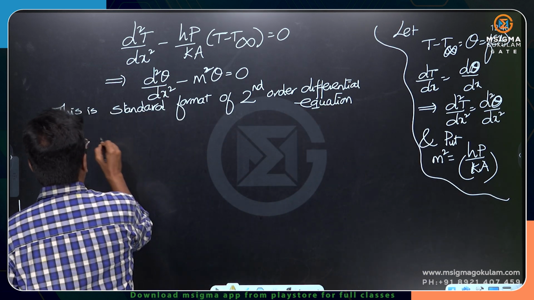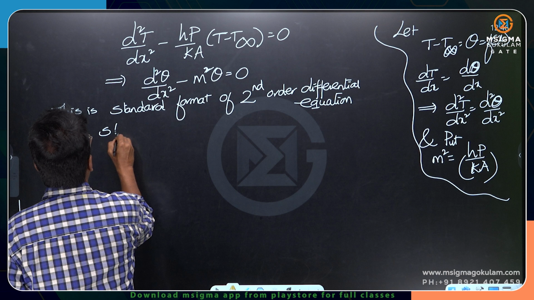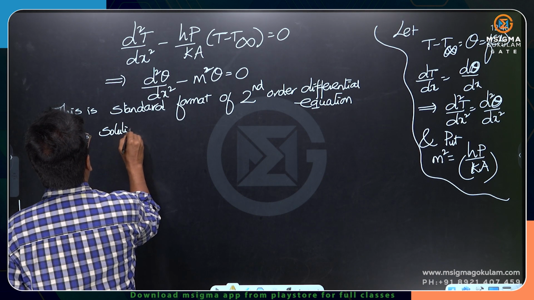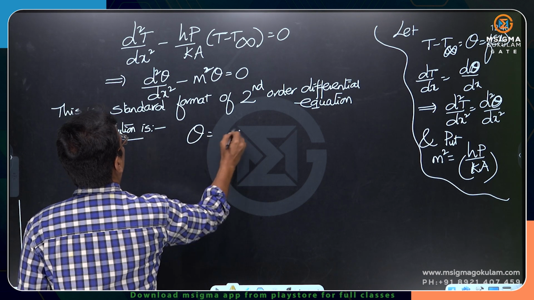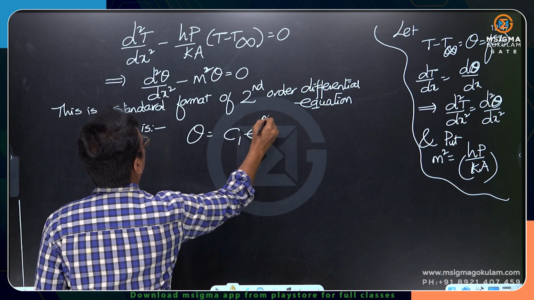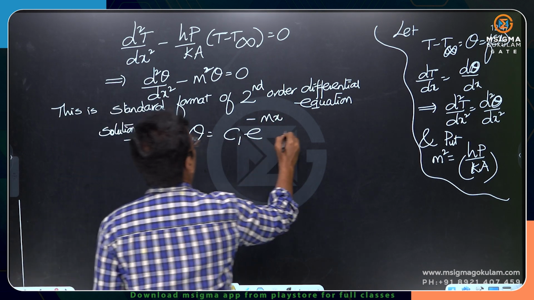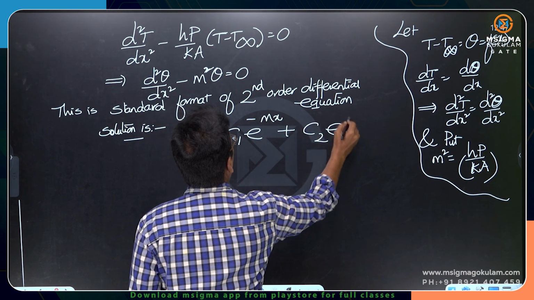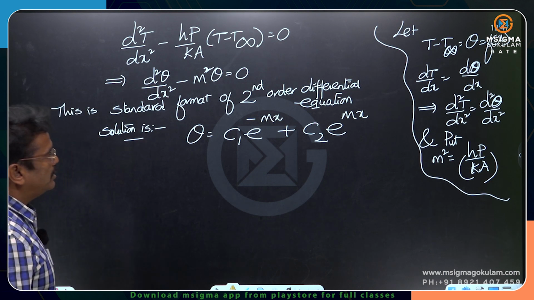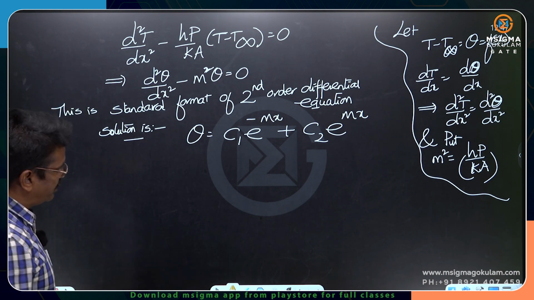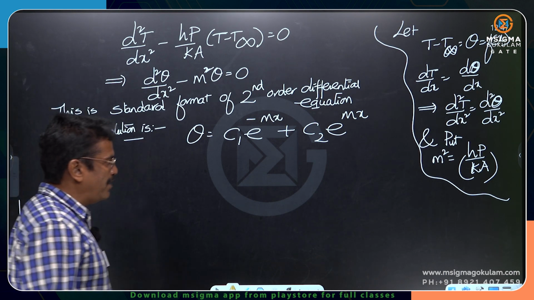The solution of this will be theta is equal to C1 into e to the power of minus mx plus C2 into e to the power of mx. C1 and C2 are constants of integration that are to be obtained from boundary conditions.